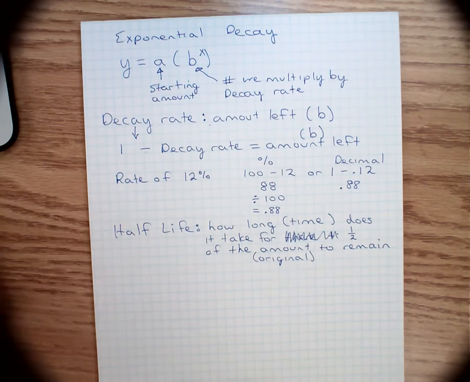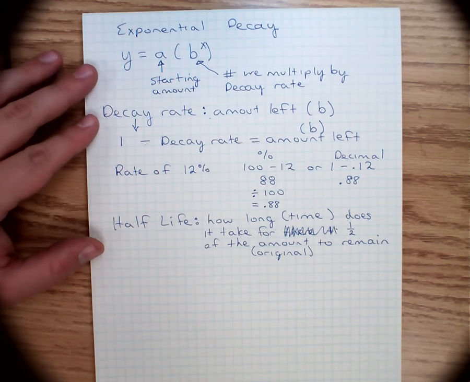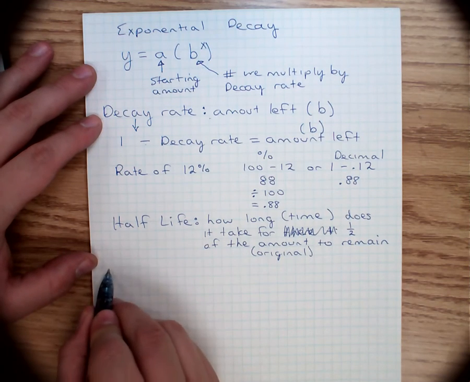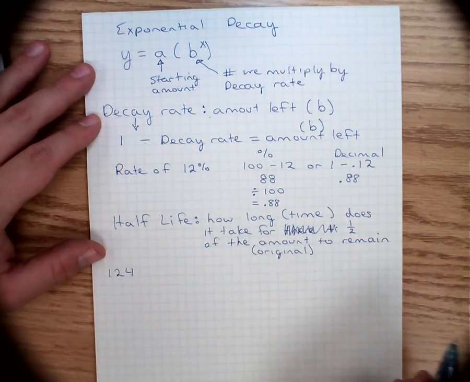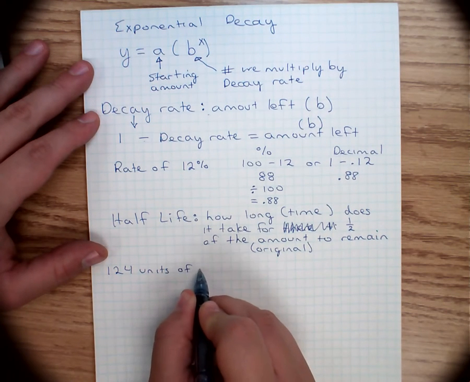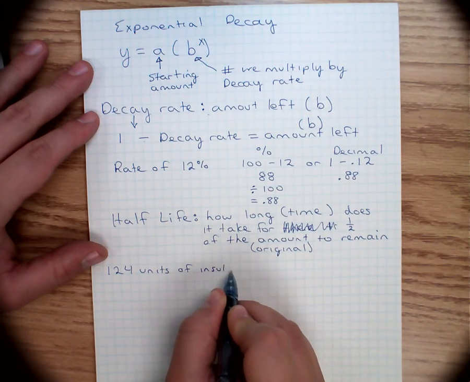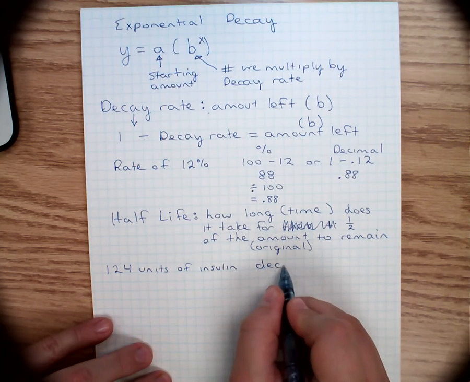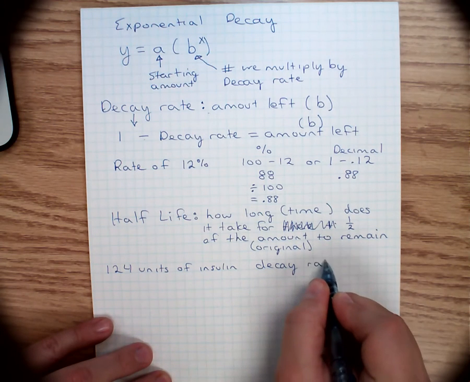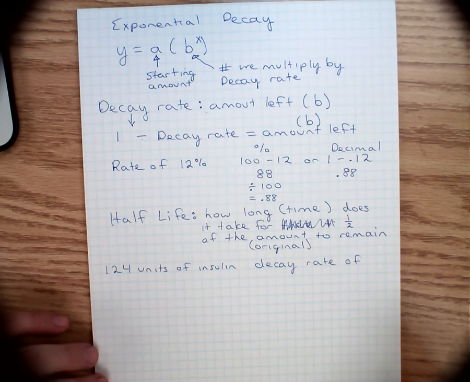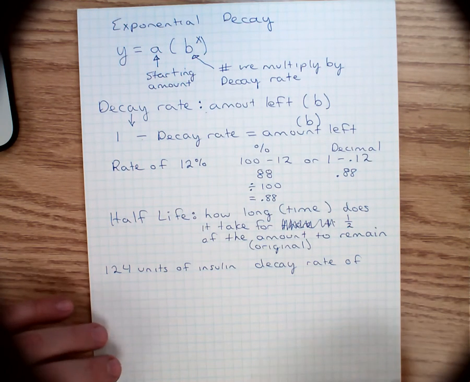So, to practice this, if we had 124 units of insulin, with the decay rate of 8%.